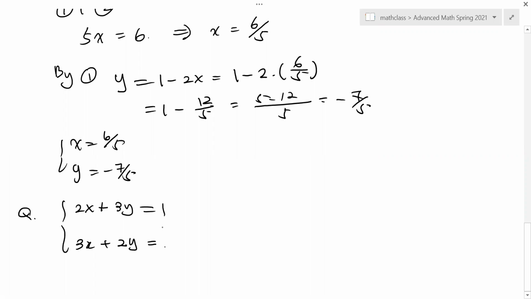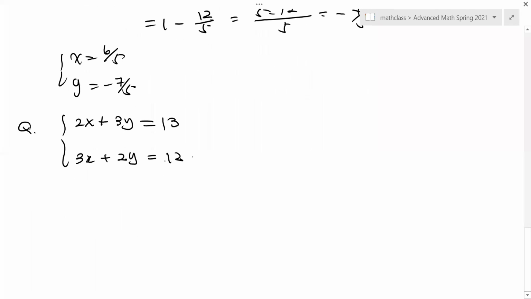Okay, let's use this. So that's equation 1, that's equation 2.